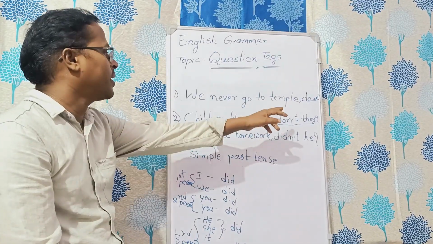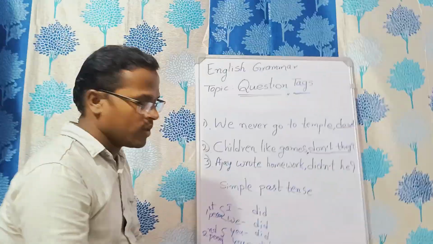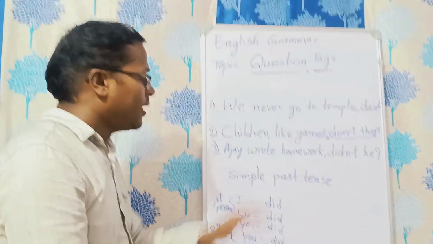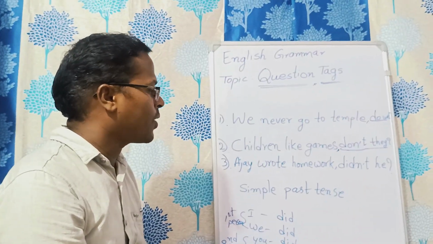Like children became they, Ajay became he. Let us go with some more examples.